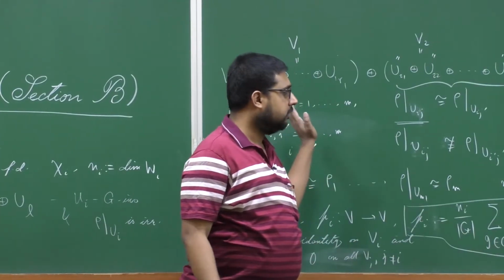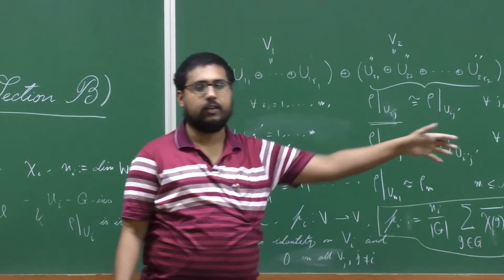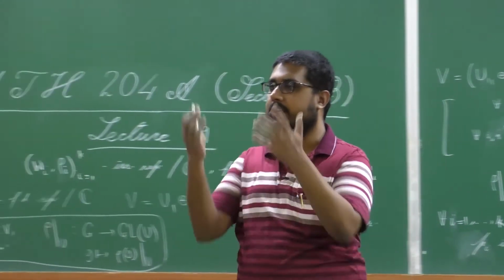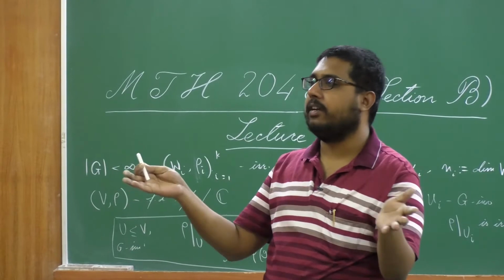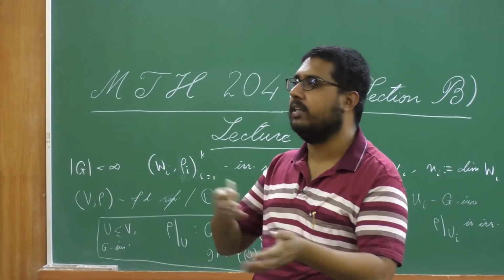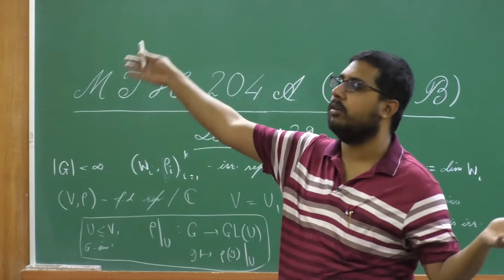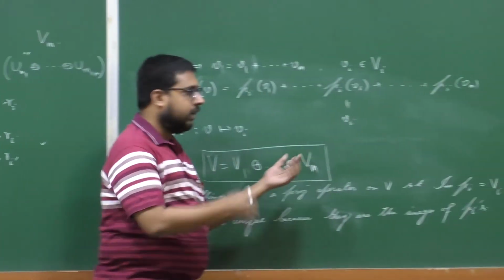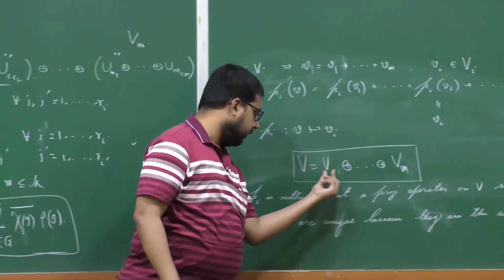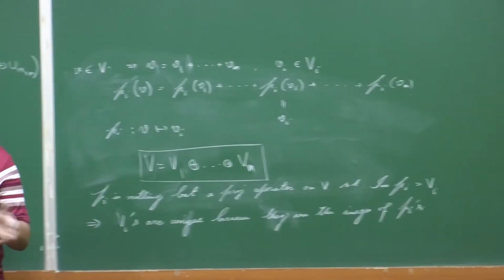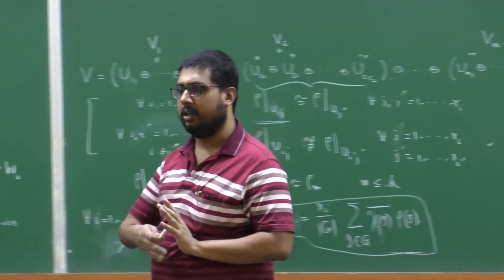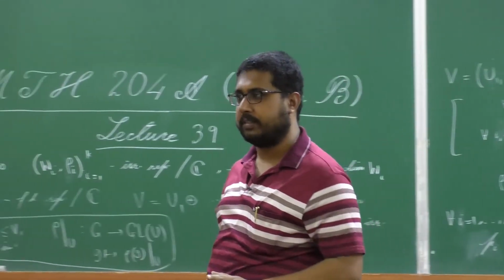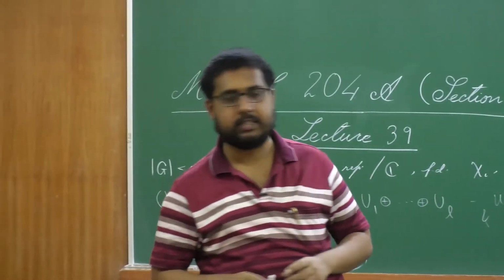This follows from the general observation that we have just made, that given any representation V, if we construct these PIs and look at their images, they are going to give us a decomposition. Once it is there, again from the general theory we know that each Vi can be further decomposed into irreducible subspaces, and they will be isomorphic to each other.